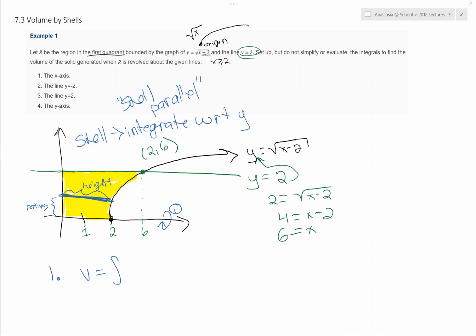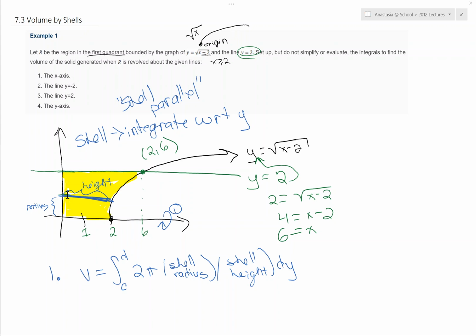So if we are integrating with respect to y, this means that we're going to integrate from c to d. We're going to have a 2 pi, then a shell radius, and then a shell height, and dy.